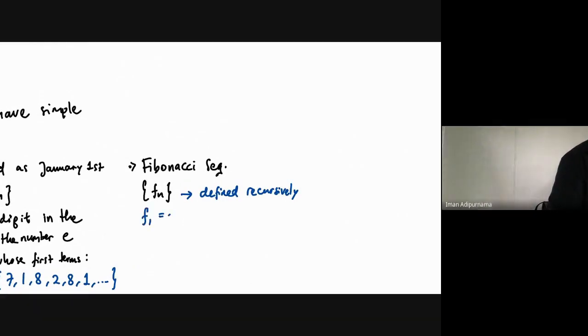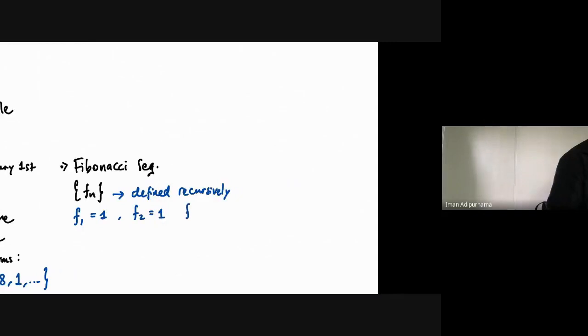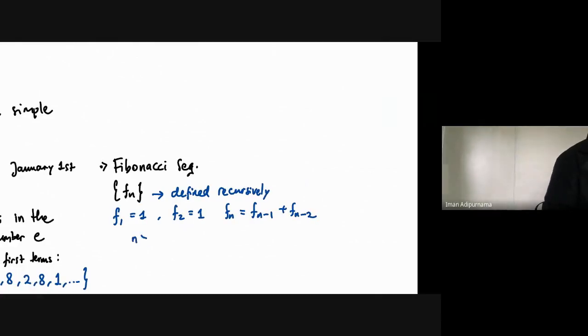F_1 is 1, F_2 is 1, and F_n is F_(n-1) plus F_(n-2), and n should start from 3. That's why you have 1, and then 1, and then 2, and then 3, etc.